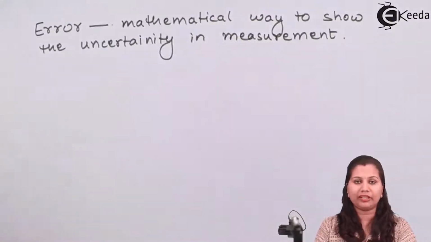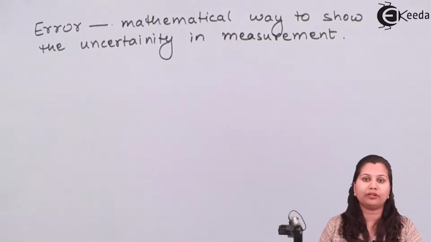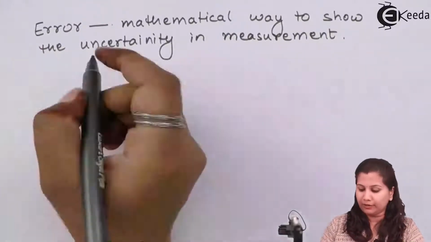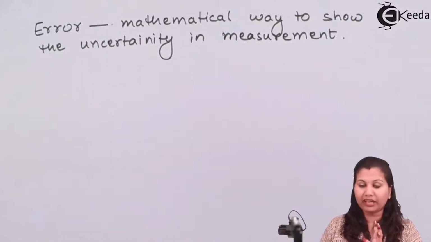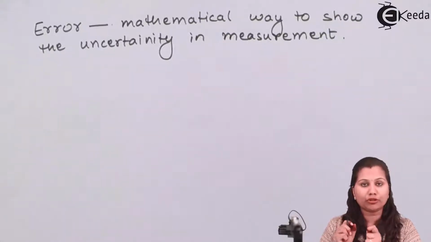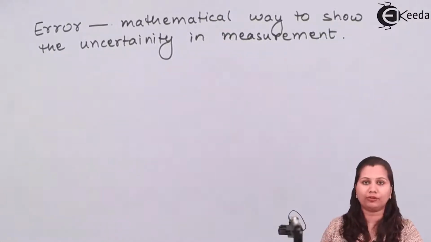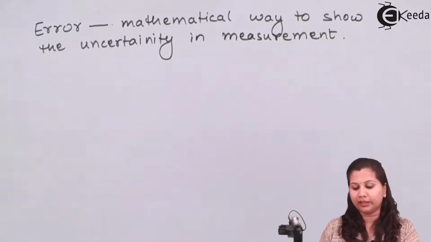Uncertainty means that we are not sure, we are not confirmed that this is the actual value of the measured quantity. So uncertainty is that we are approximate. Error is like giving an approximate value that this can be the value, but we are not sure that this is the actual value of that unknown quantity.